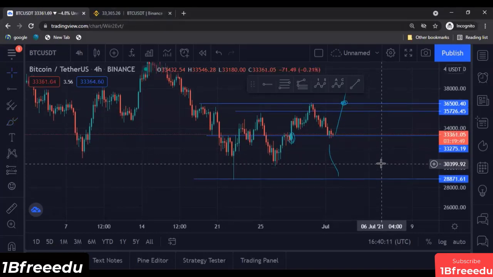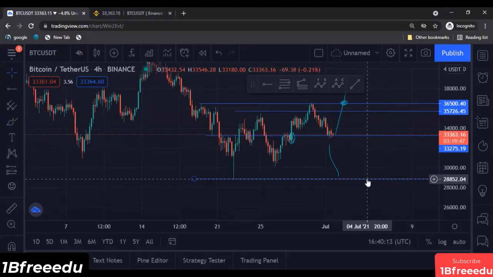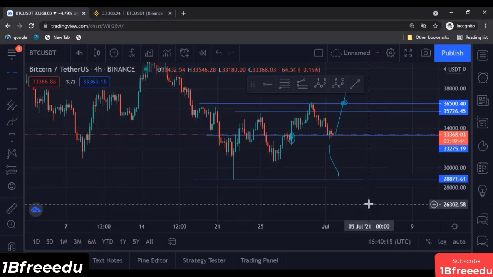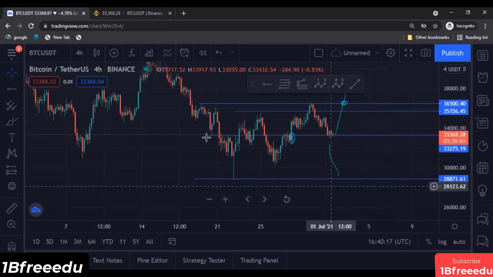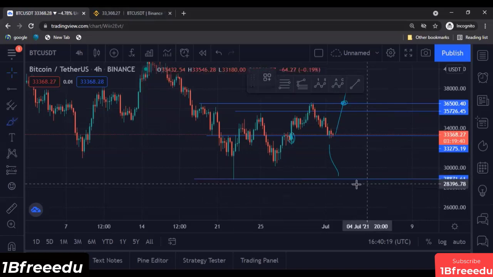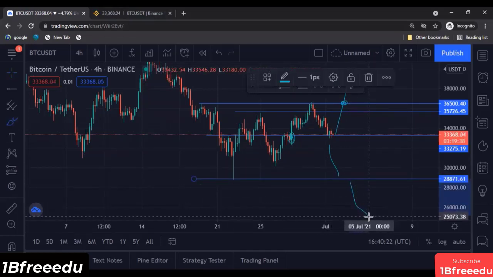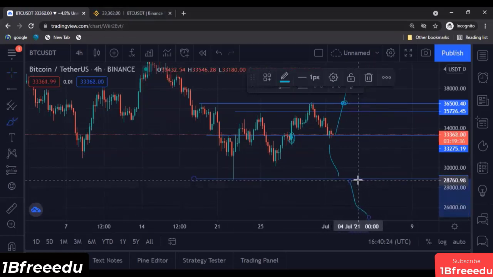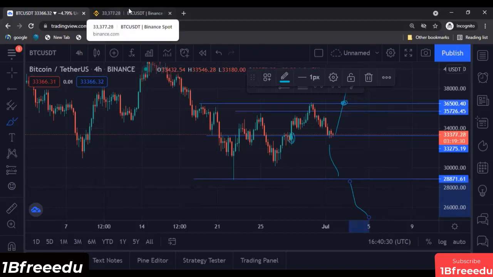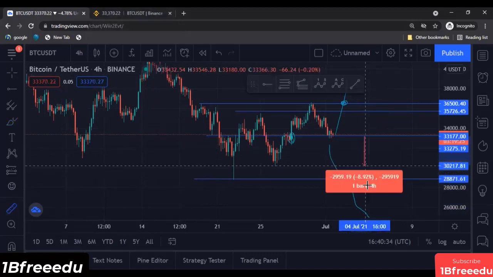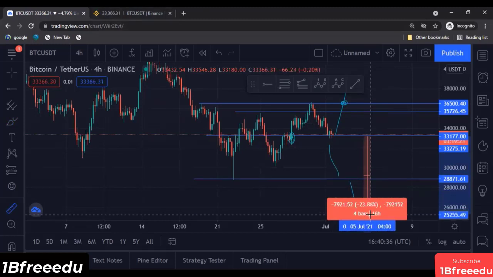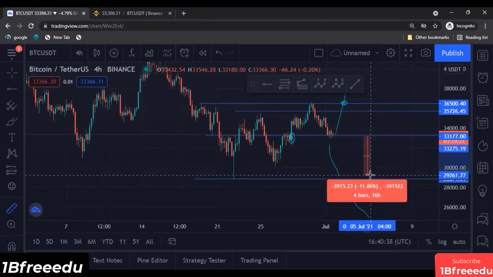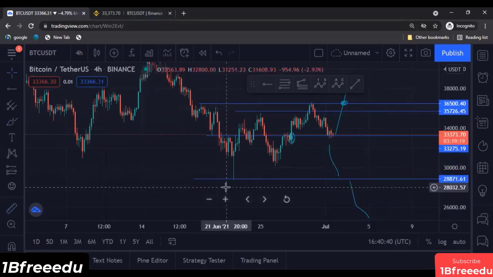You know that this is the major support, and if this breaks, for example if the 28,000 support is broken, then it might go below it as well. So once it touches the 28,000 support, it will activate your order, and then you can sell with minimum loss. Instead of bearing a much higher loss of, for example, 25%, you can bear a loss of 11%, which is less.